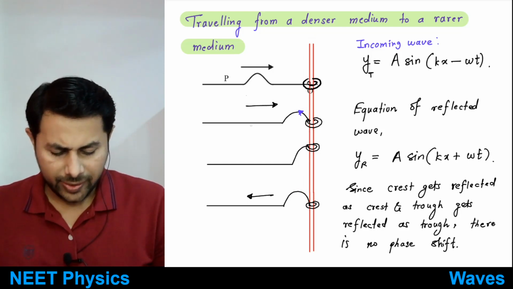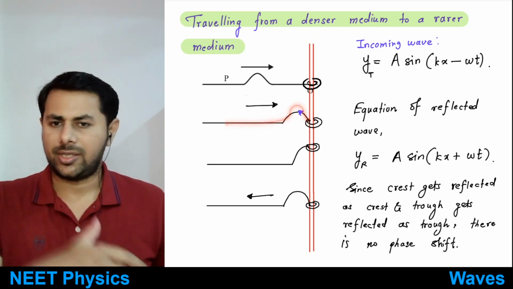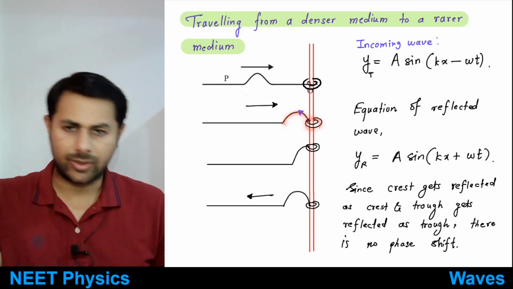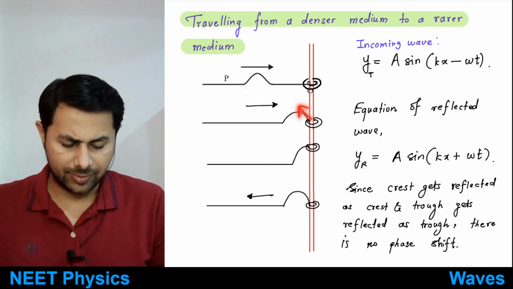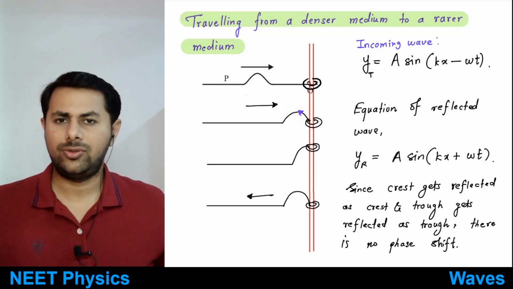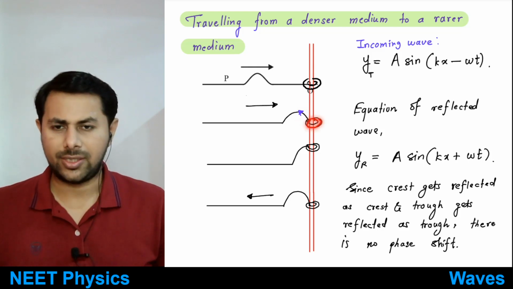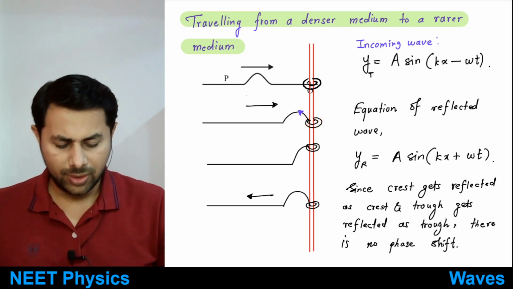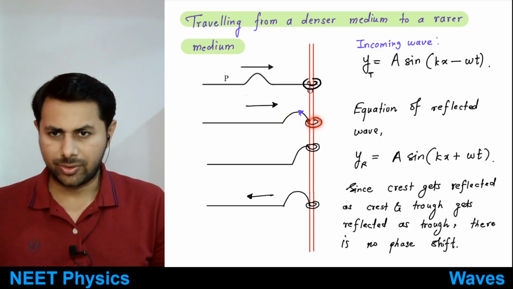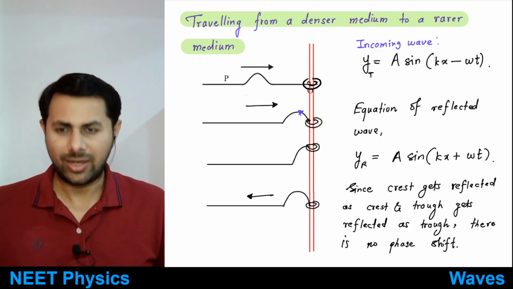Now when this crest reaches the other end, what will happen? The rope will exert a force on the hoop in this direction. And according to Newton's third law, the hoop will also exert an equal and opposite force. But now the rope is much heavier compared to this plastic hoop. You can imagine it to be weightless.